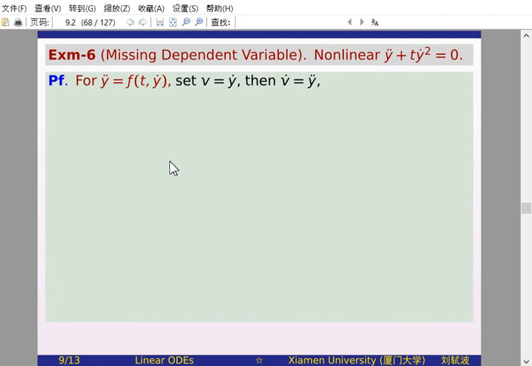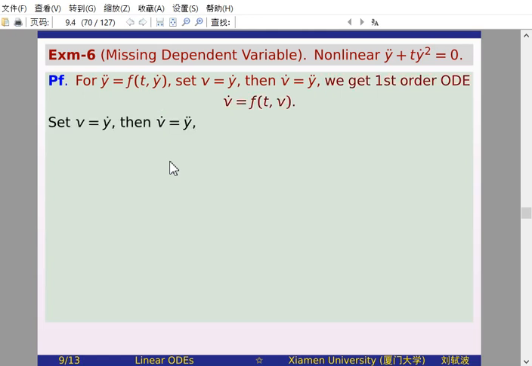Therefore the equation becomes a first order ODE, that is v prime equals f(t, v). If we can solve this ODE and find v, then after integrating v, we will obtain our solution y, because v is the derivative of y. Therefore, we solve the equation.